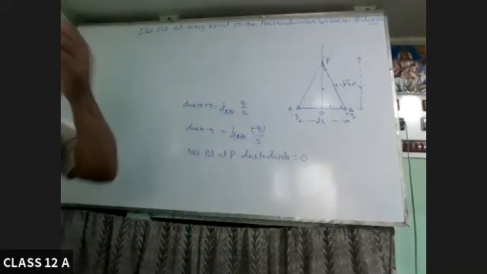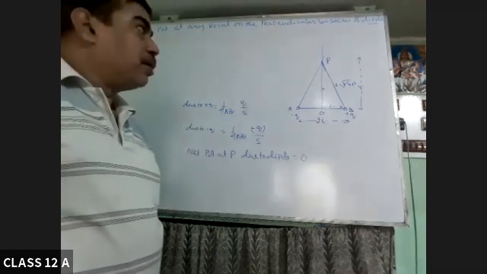So electric potential at any point on the perpendicular bisector is 0.